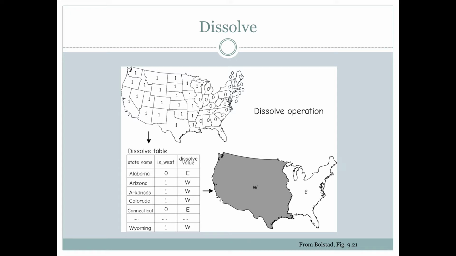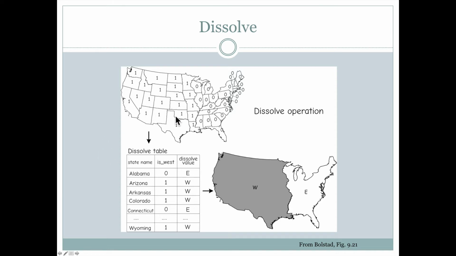So the dissolve command uses topology to look at surrounding polygons, and then it decides, based on the attribute that we're interested in, in this case whether it is to the west of the Mississippi or to the east of the Mississippi, what the value is in this column of the attribute table.